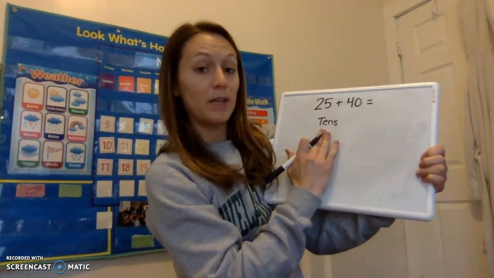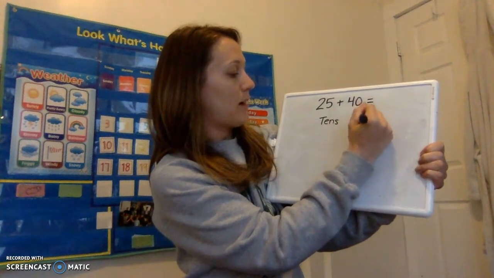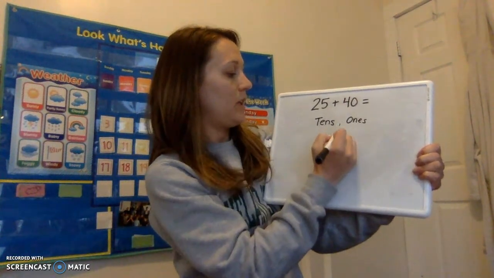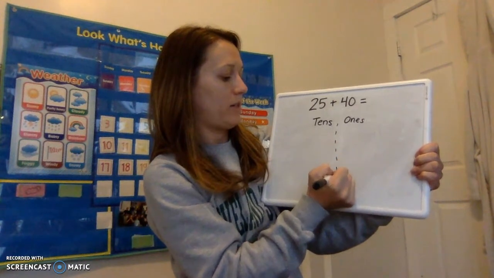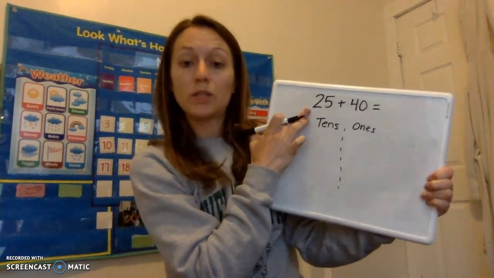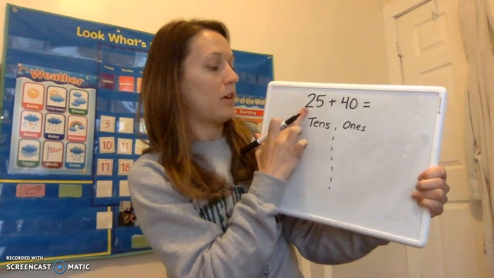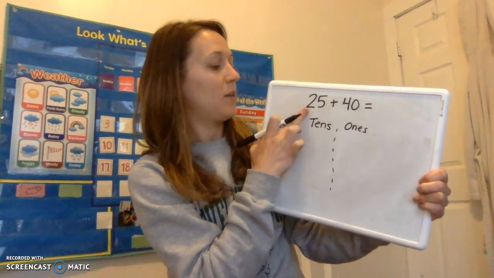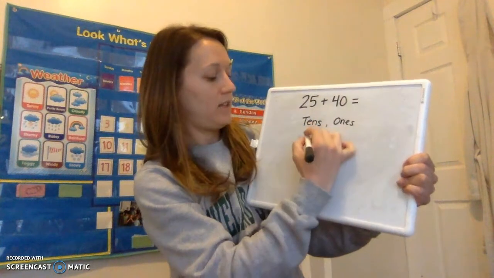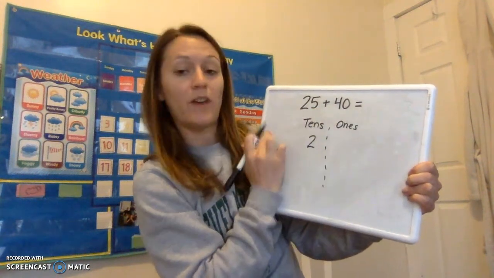I have my tens on my left and my ones on my right, and we can even draw an imaginary line going down. So my first addend is what number? It's the number 25. The number 25 has 2 tens and 5 ones.